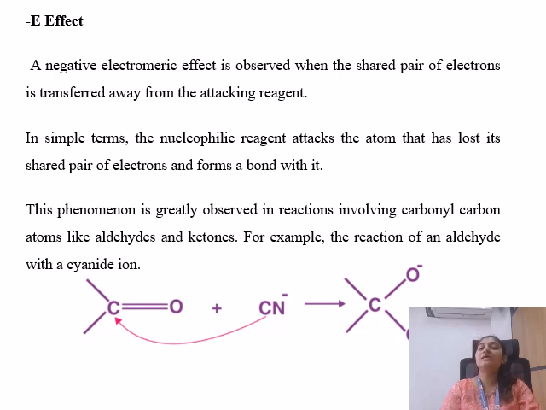So the nucleophile is CN minus. Obviously it will attack on the positive charge. So instead of the oxygen, it will attack on the carbon, as carbon contains the positive charge. You can see the structure here. So this is the negative electromeric effect we can observe in carbonyl compounds.